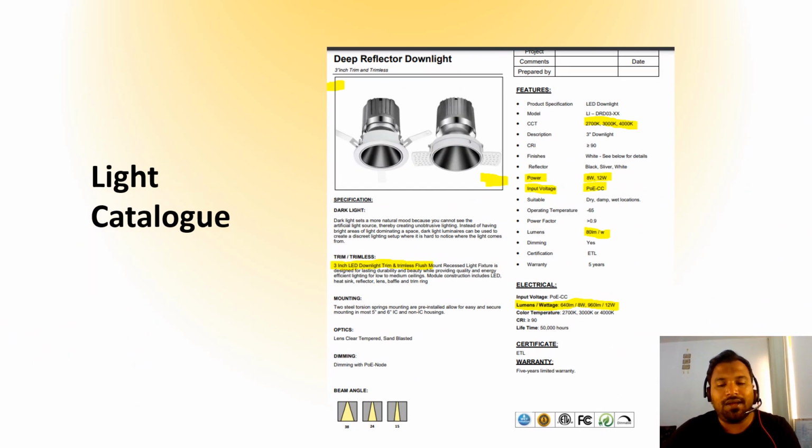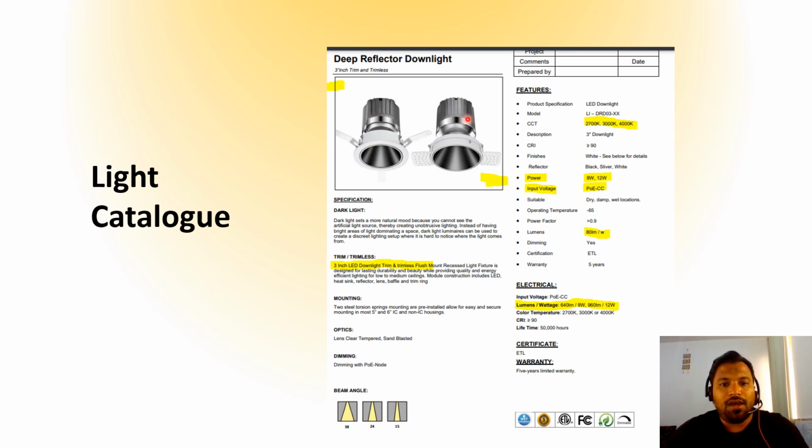Let's see the lighting catalog. In this lighting catalog, you see these are the lights. They look like normal traditional lights only. What is the specialty of these lights? If you look at the input voltage here, it is PoE DC, which means these can be operated through a PoE switch, through Cat6 cable.